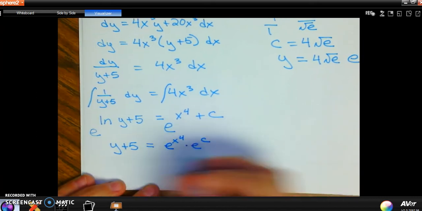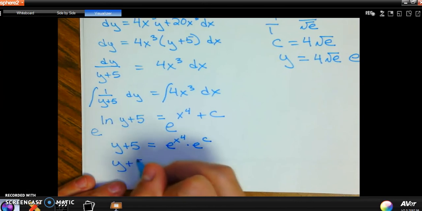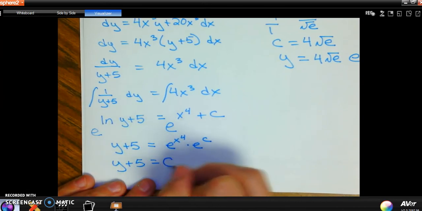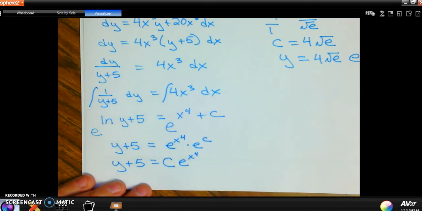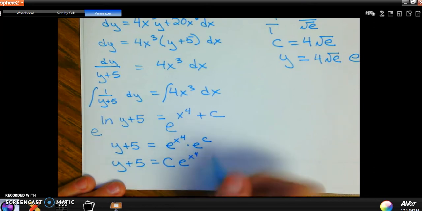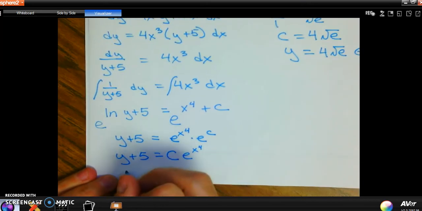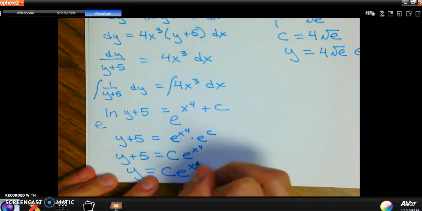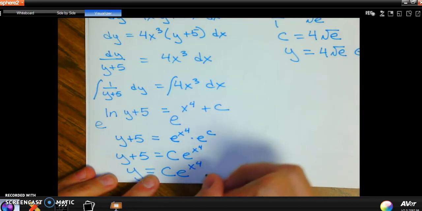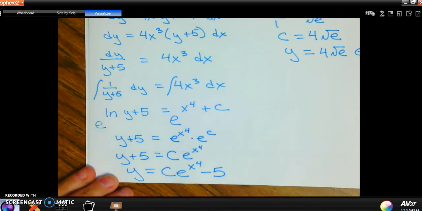Again, e to the c is just a constant, so some of you are going to skip that previous step and go right to saying it's c e raised to the x to the 4th. Once you've got there, subtract 5 from both sides to get y by itself, so you end up with c e raised to the x to the 4th, and then it'll be a minus 5 because I'm moving that to the other side.